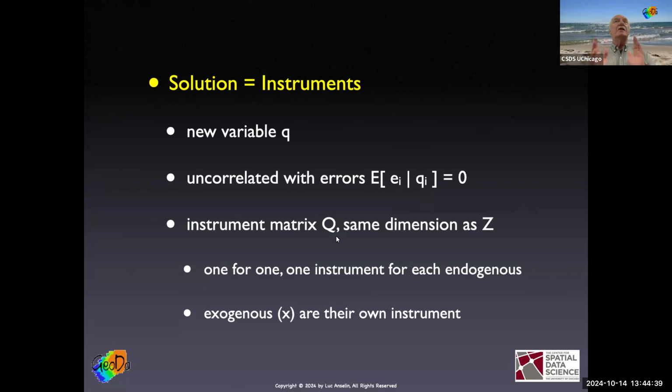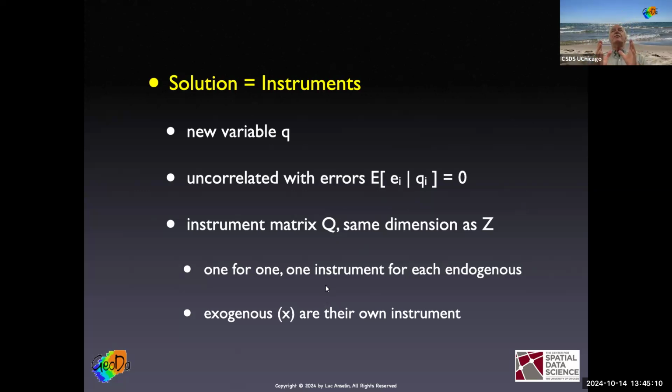Two-stage least squares is actually also 1 for 1, but you only get there by converting the many to 1 first. So that's the difference. So this Q matrix has the same dimension as Z. As I said, 1 for 1. The exogenous variables, which we're going to call X, don't need one. They're their own instrument because they're already uncorrelated with the error terms.